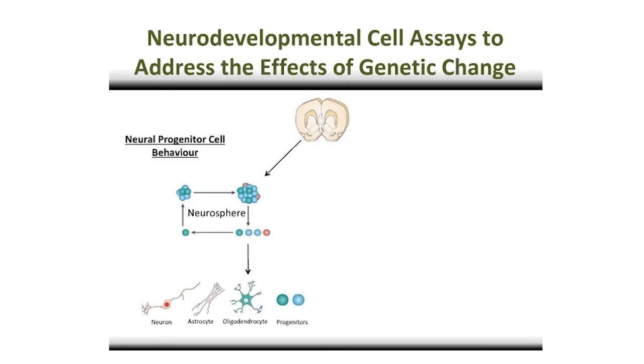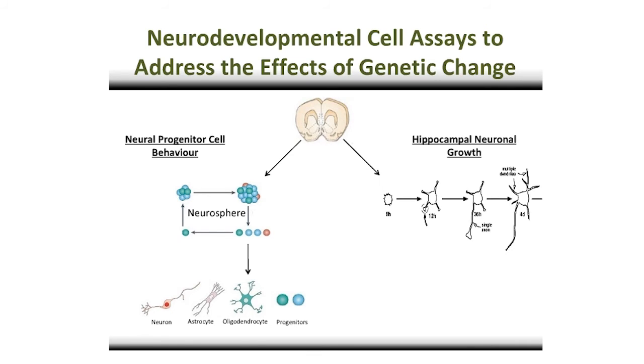I've been through the neurosphere culture before, but we essentially applied a very similar regime. In this instance, we also, based on expression, knew that HCFC1 was highly expressed in the developing hippocampus. So another assay that we ran was to take the neurons, instead of taking progenitor cells out, from the hippocampus, and when you plate them out, they follow a very stereotypical developmental process in the dish where they regrow their neurites, they specify an axon, and then they really elaborate.